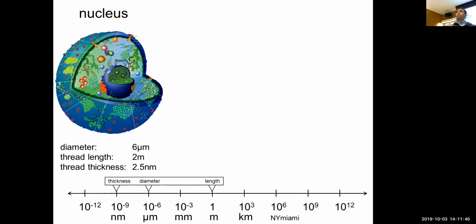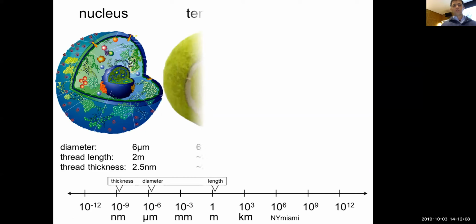If you have a rod that's 2 meters long and only 1 centimeter wide, it starts bending. If you make it 1 millimeter, it's crazy. This is 10 to the minus 9 thick. So it's 1 billion times longer than it is wide. That's very difficult to fathom.